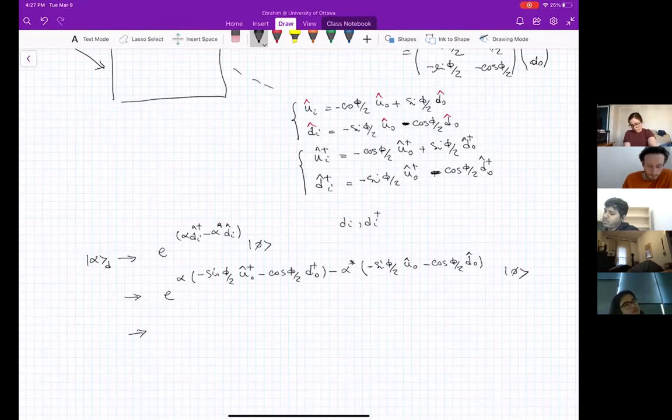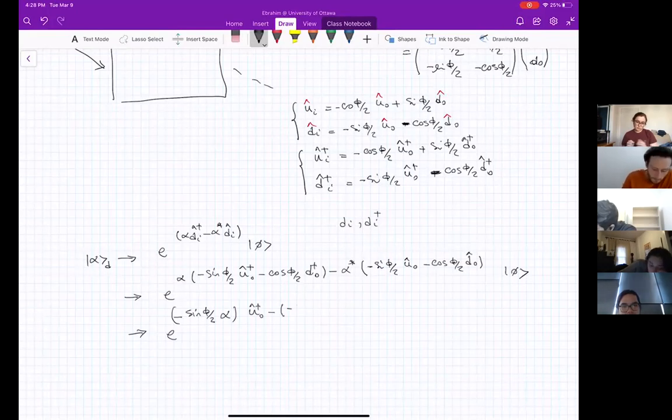So you can group them together, and what you will get is e to the power of minus sine of phi divided by 2 alpha U dagger O minus sine of phi divided by 2 alpha star UO.